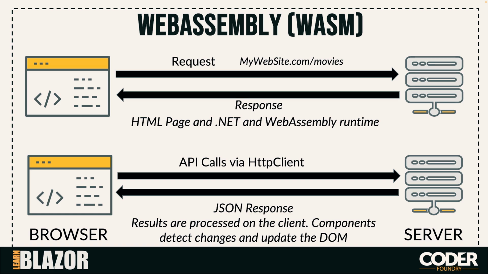So I don't have to write all of this DOM update code, especially if you're using something like vanilla JavaScript, where you write get them out by ID, look for a response, make sure it comes back. None of that plumbing that you have to do. WebAssembly takes care of all of that. You just call the web API with HTTP client. The JSON comes back, and then the components do the rest. It's kind of powerful. And this is why people are really excited about that.